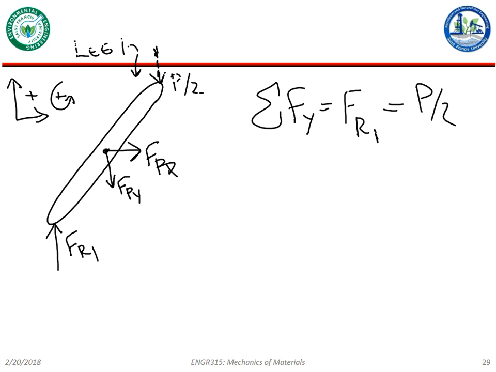You have more forces here, so you can't just state that. This comes from a pin, so it's external to this diagram. So you have to account for it in your summation of forces. So you have FR1, which is going in the positive direction.